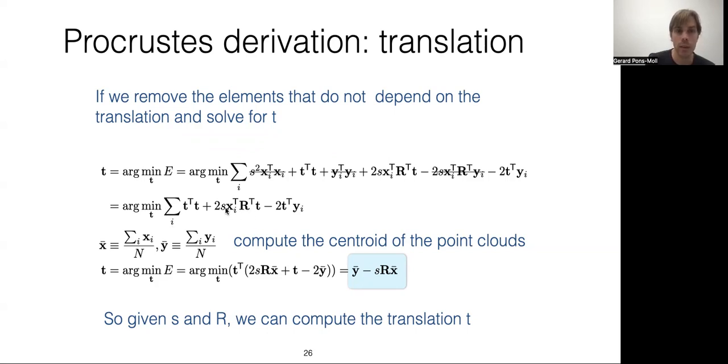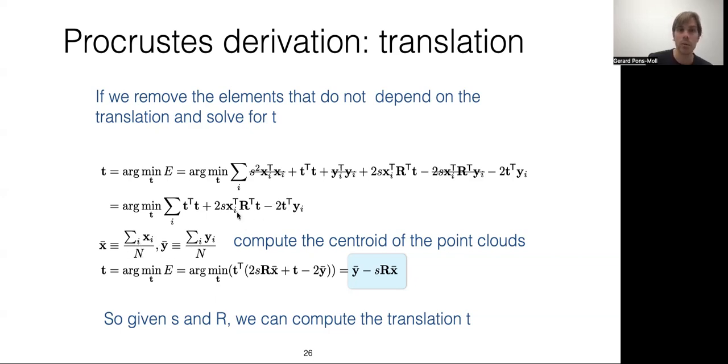So if I plug it inside here, I would have 2s summation xi transpose, and then this multiplication here. This summation of xi or summation of yi is nothing else than the centroid, but to obtain the centroid, we need to divide by n, okay?